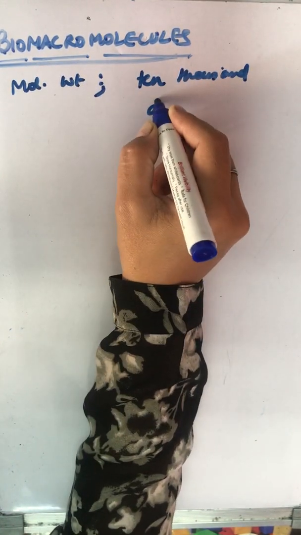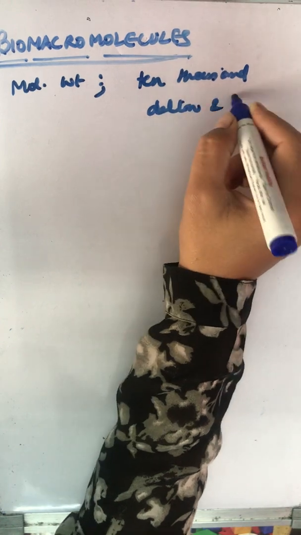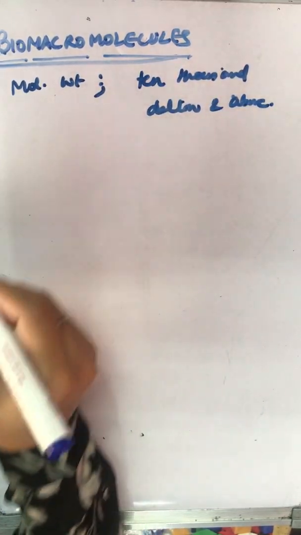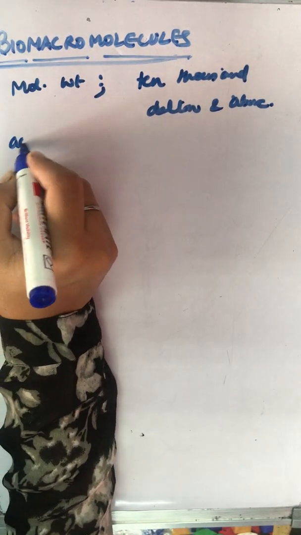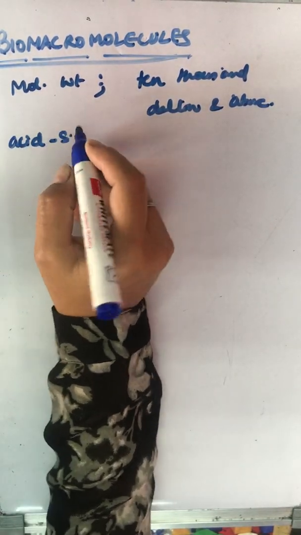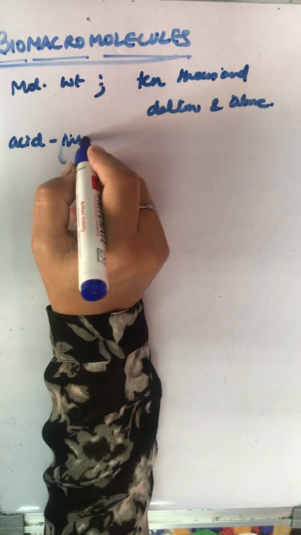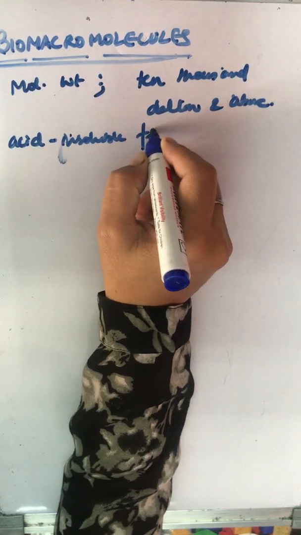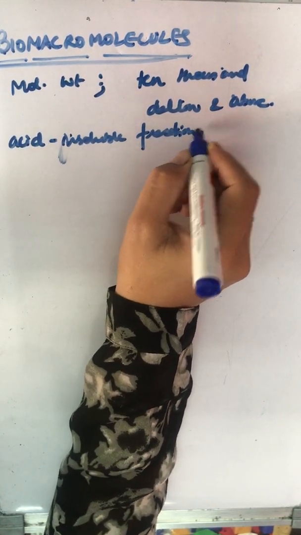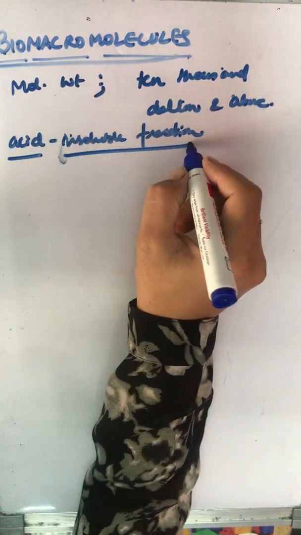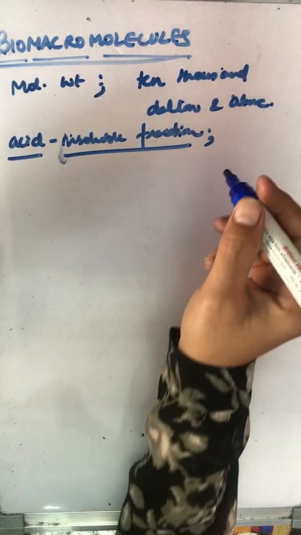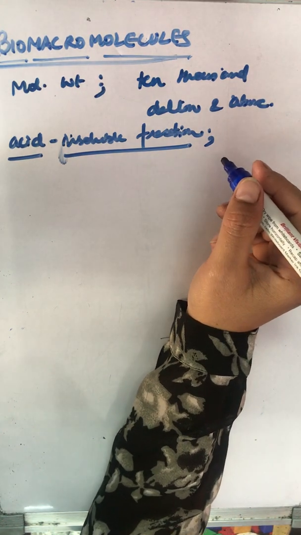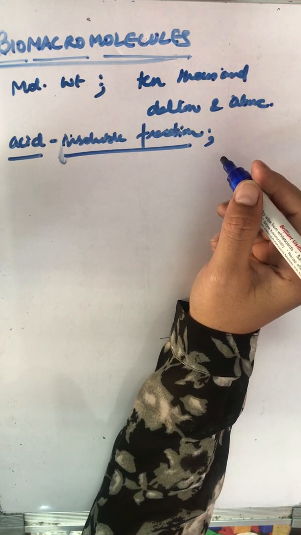Where are they basically found? In the acid insoluble fraction. Obviously they cannot be collected in the acid soluble part, where the molecular weight is less than 10,000.